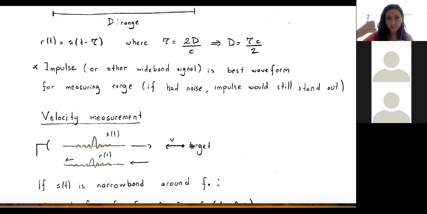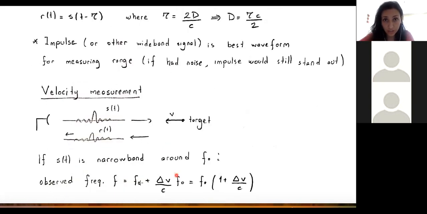If a target is moving towards us, and we are transmitting a signal, we're going to sense the frequencies as higher than they are. If it's moving far away from us, we're going to sense the frequencies as lower than they are. So the frequency is going to change.